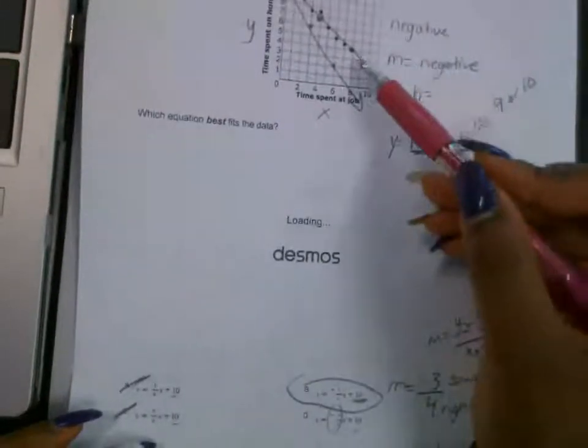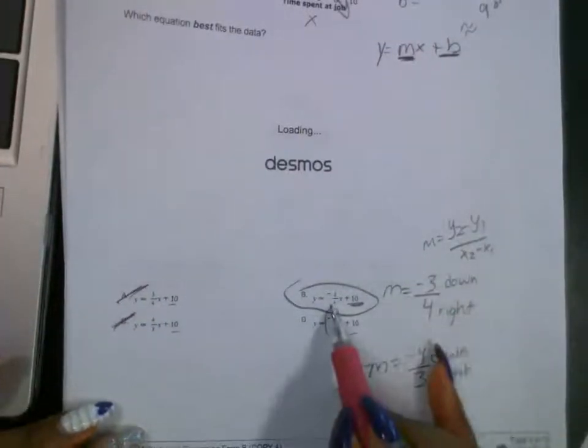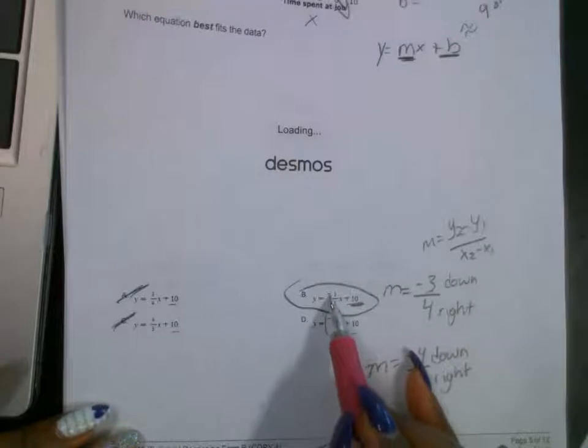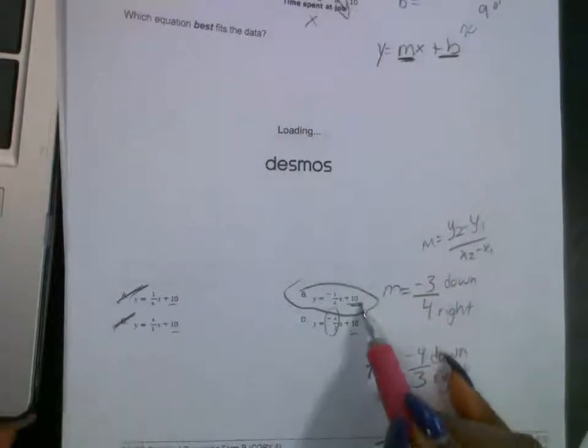Okay, so for this one, you're going to graph both of the lines. Remember, this equation right here. This is your slope. This is your y-intercept. Okay, so your slope is -3/4. So that means you're going to go down 3 and to the right 4. Start at 10.